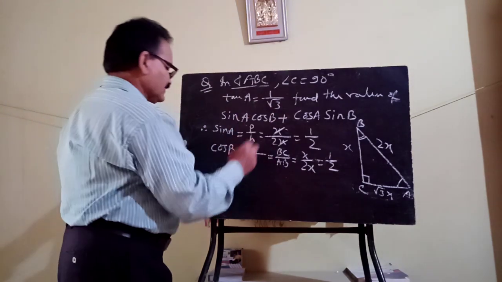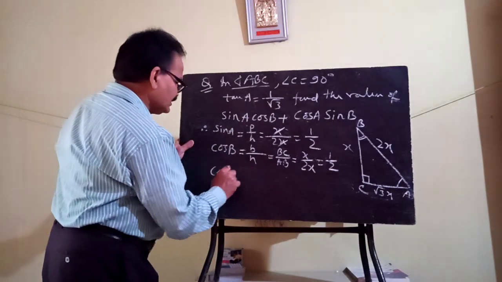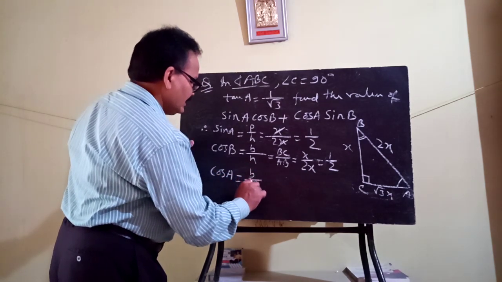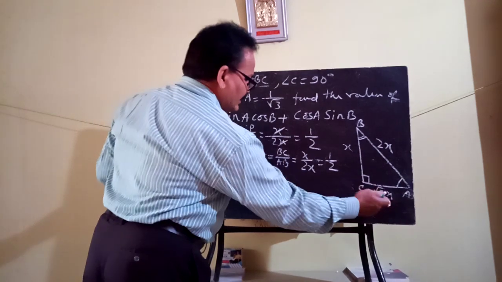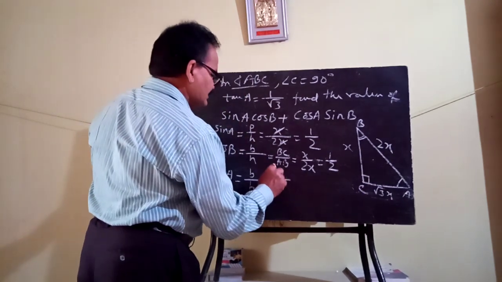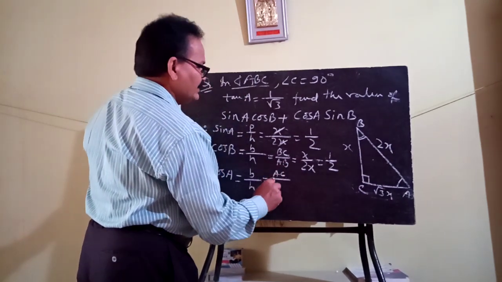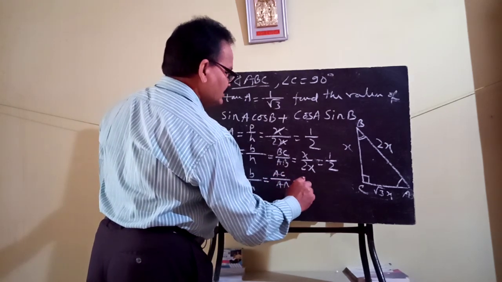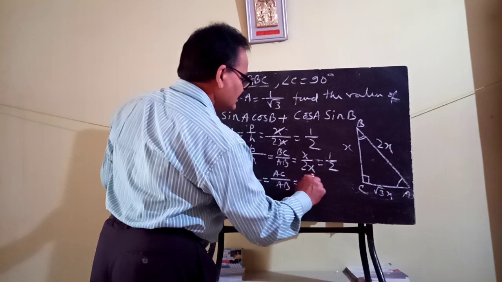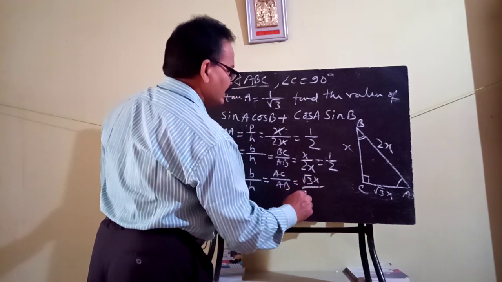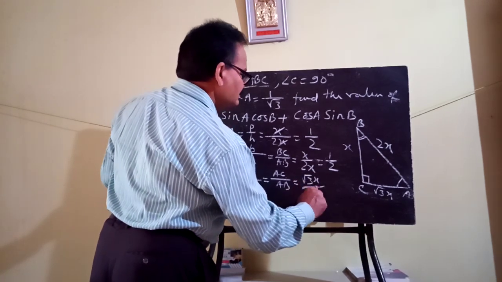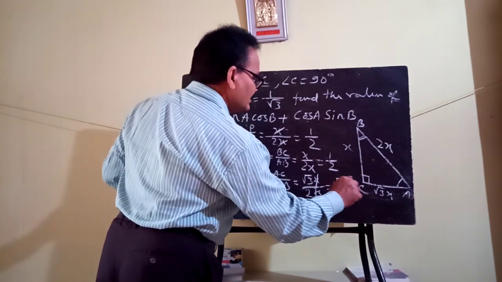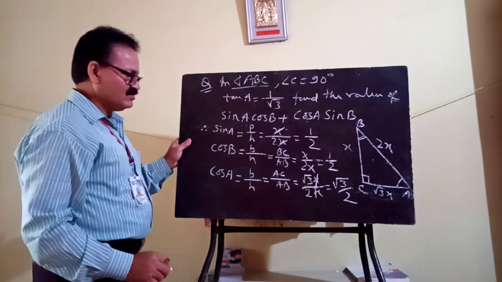Now cos A. For cos A, this is B by H. For angle A, B is AC and H is AB. So AC is root 3x by 2x. So x is cancelled, and this is root 3 by 2. Okay.